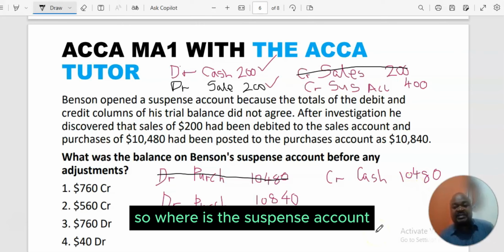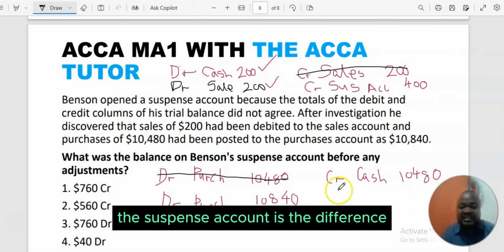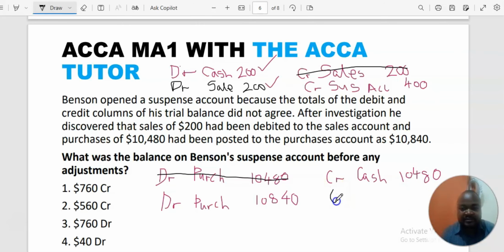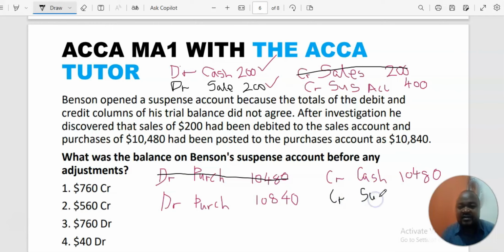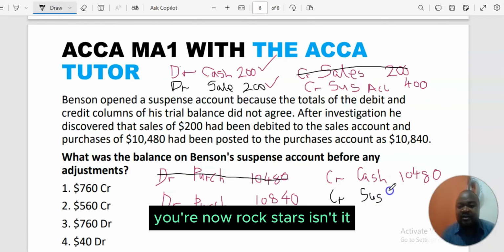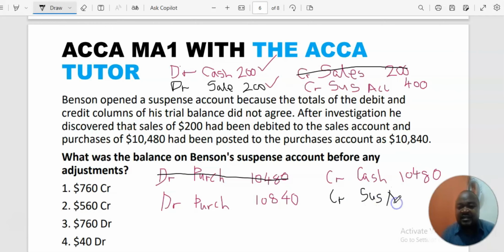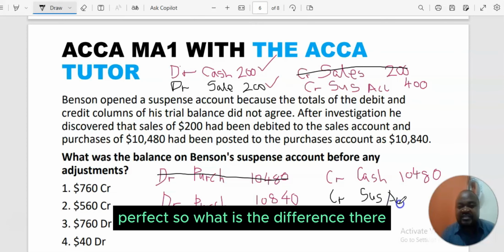So where is the suspense account? The suspense account is the difference. We credit the suspense account. You are now rock stars, isn't it? Perfect. So what is the difference there?